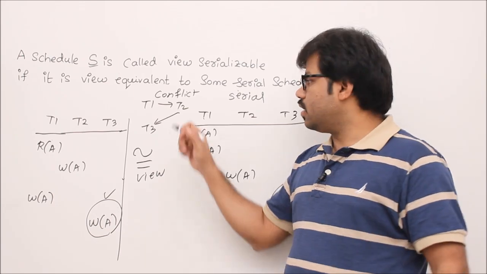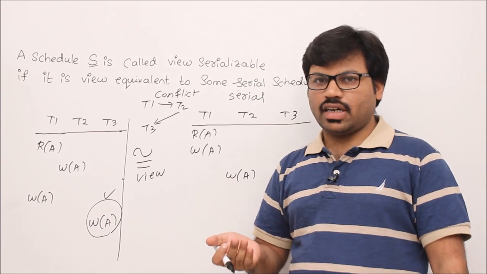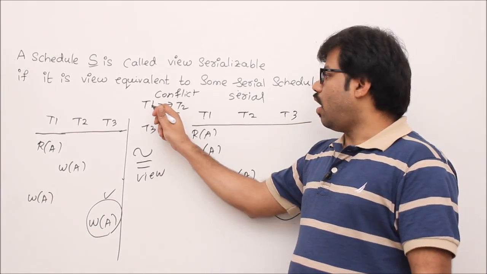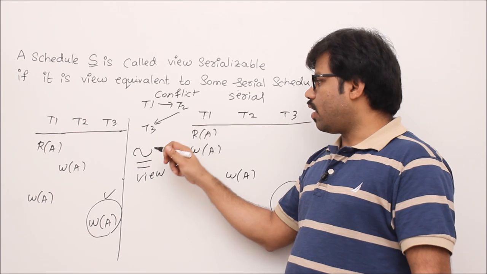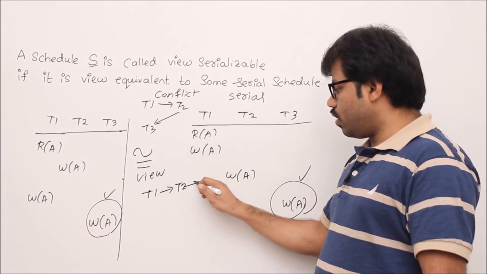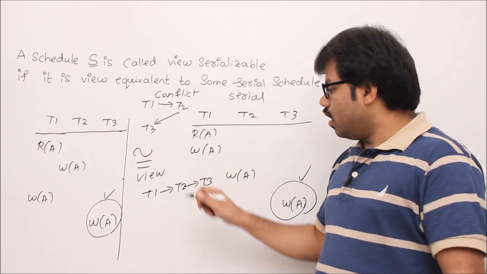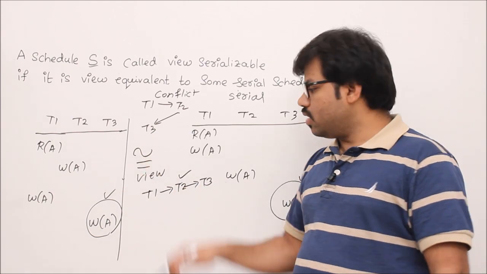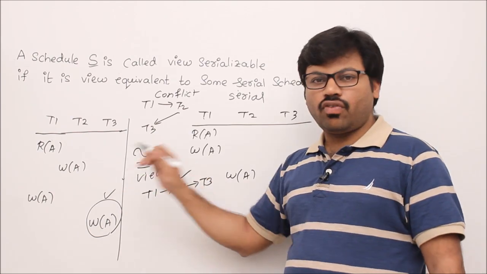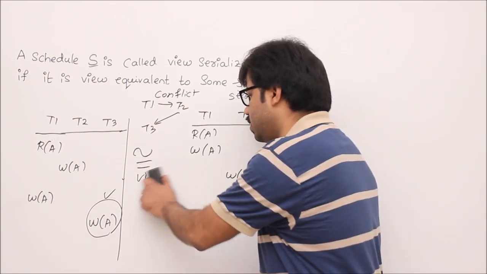Then 100% this graph represents necessary and sufficient conditions. That means the order in this conflict graph, T1 to T2, T2 to T3, will form a serial schedule, and that is going to be conflict equivalent to that schedule. But here that is not the case.